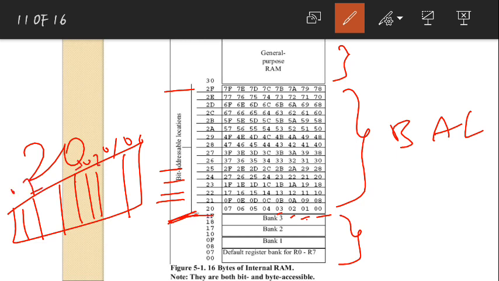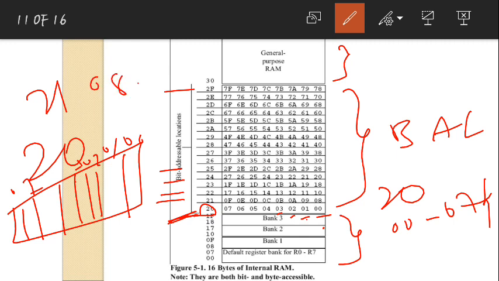So this 20 byte location has 8 bits, and its bit addresses are 00, 01, 02 up to 07. So 20 is from 00 to 07H. Next, 21: if you take the 21 byte location, you have 08 to 0FH.